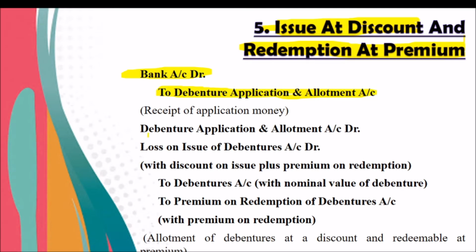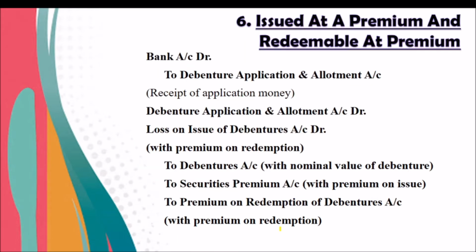And when we transfer the amounts, debenture application and allotment account debit, loss on issue of debenture account debit, to debentures account, to premium on redemption of debenture account. So the loss on issue of debenture will include the discount amount 5, and the premium on redemption of debenture also will come into loss.